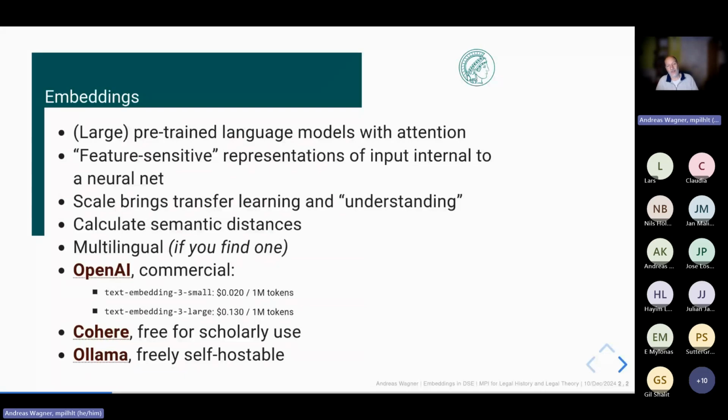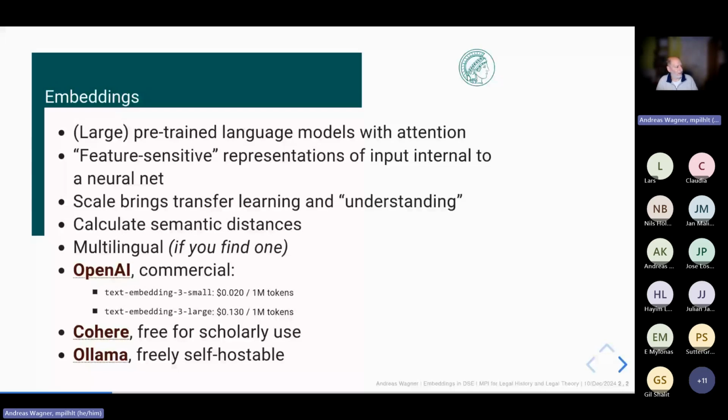There are two interesting aspects that are relevant to, in my case, scholarly research or scholarly use of these things. One is that these objects and internal representations can be processed so that you can calculate how similar or how distant one data object is from another one.